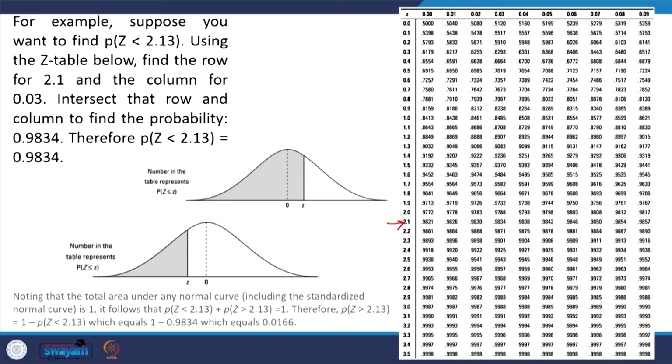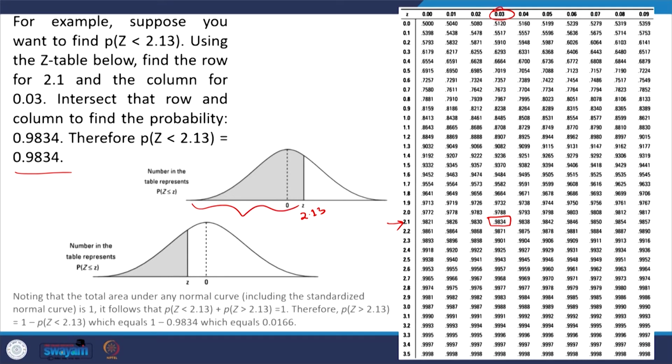Then the second digit after the decimal, that is 0.03; mark 0.03 over here, and with the intersection we get a value. This gives us 0.9834. So basically it says, for a Z value of 2.13, what is the probability value over this region?